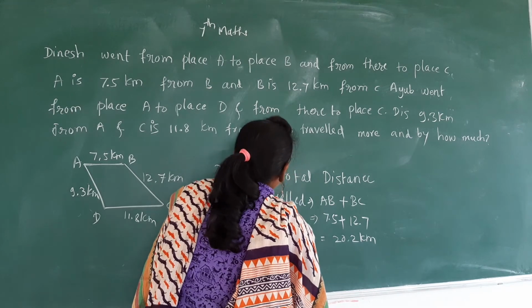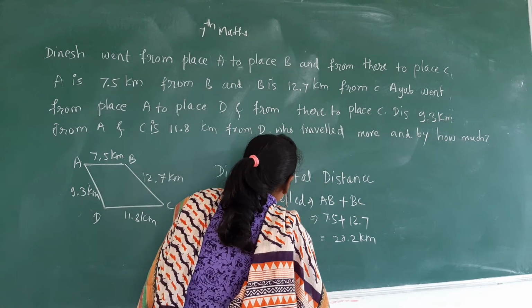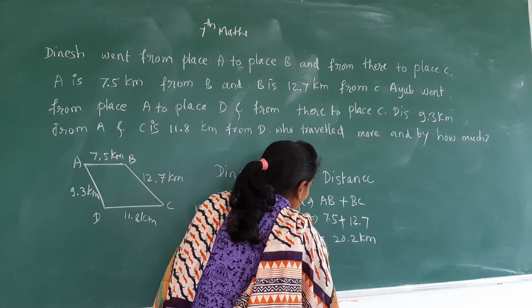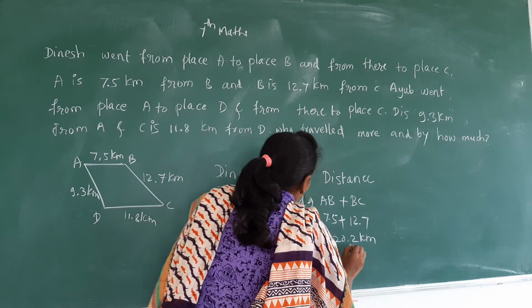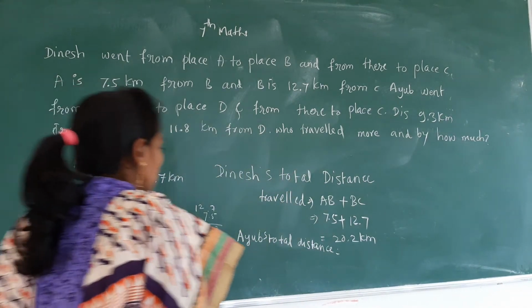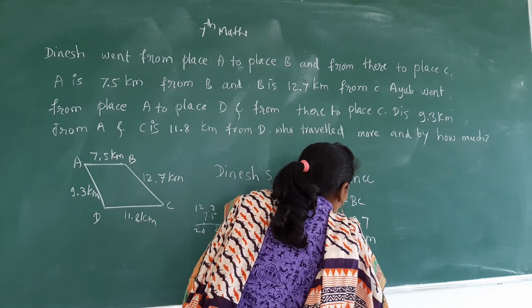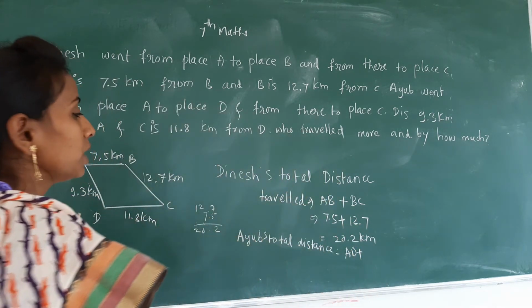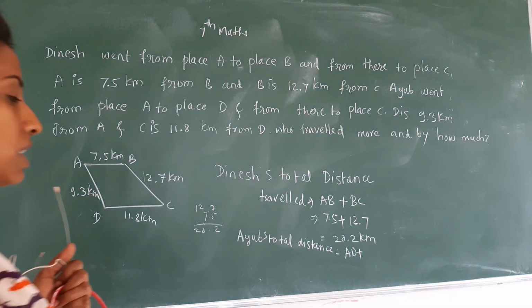Ayub's total distance is from A to D he first traveled, means AD, plus again from point D to C, means DC.